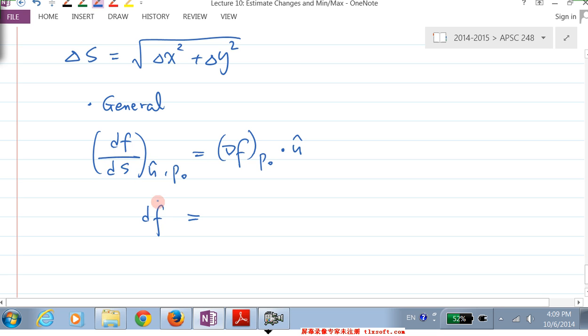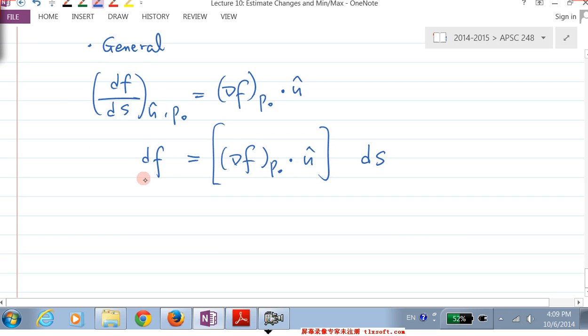That equals gradient of f at p naught dot u hat, which is the directional derivative, times ds, which is the displacement along u hat.